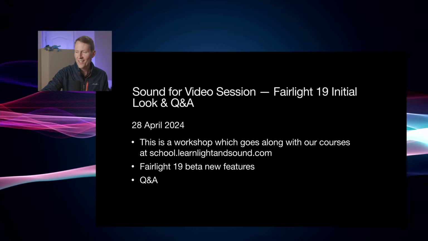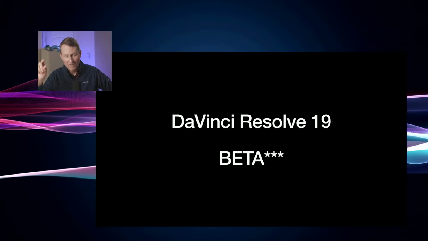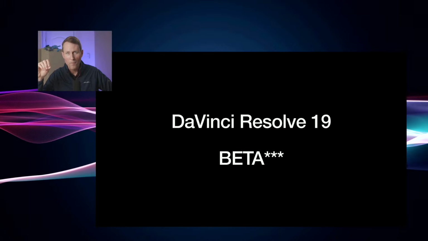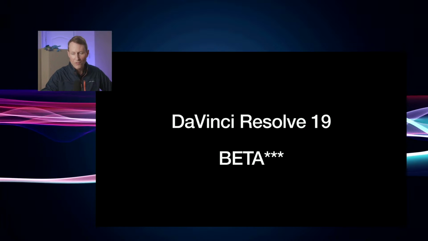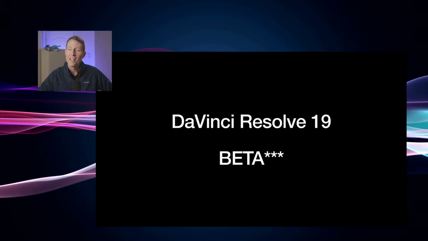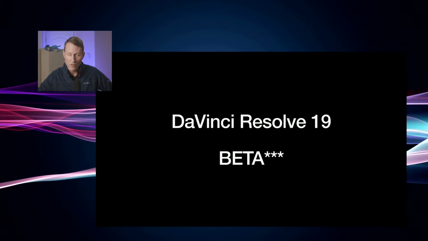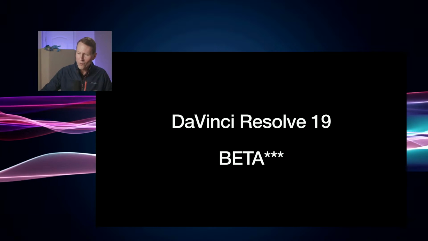Okay, first of all, this is a beta, a 19.0 beta. I highly recommend you not move to this if you are in the middle of any important projects, especially paid projects, or put it on a computer that's not being used for the project. So just a warning there.